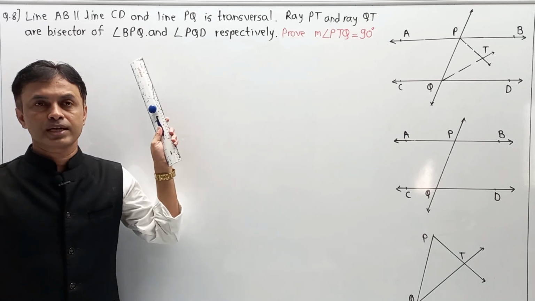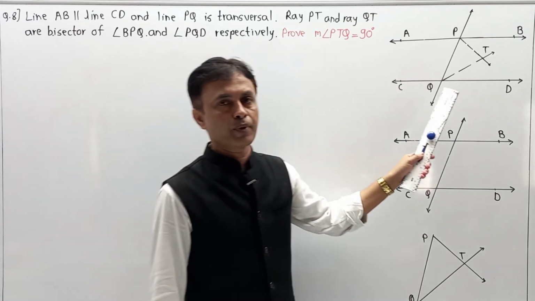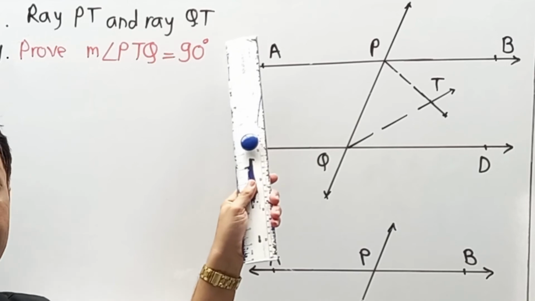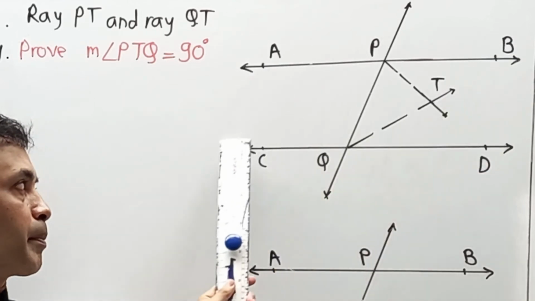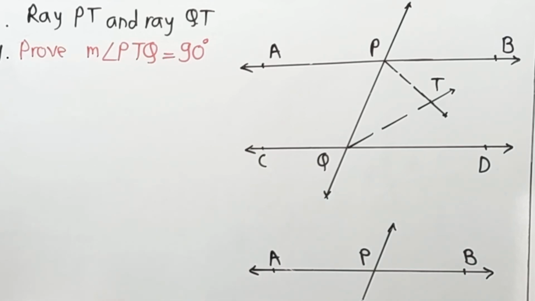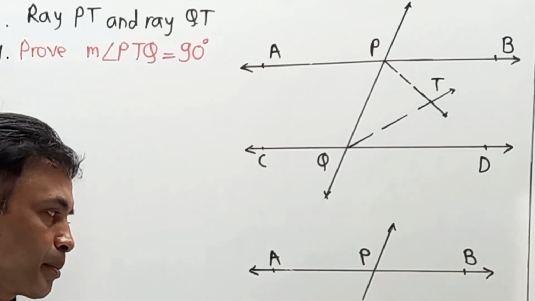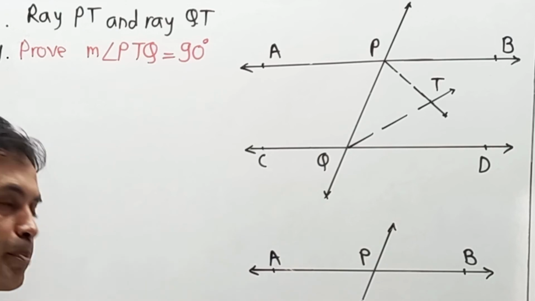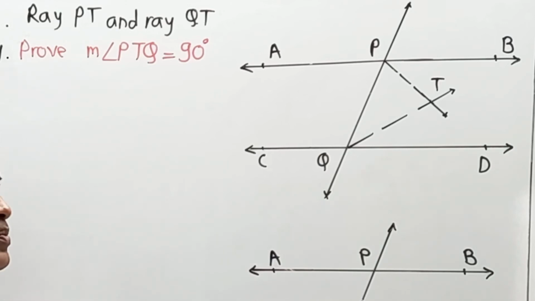Now we are trying to understand the same numerical from the diagram point of view. Line AB is parallel to line CD and line PQ is their transversal.